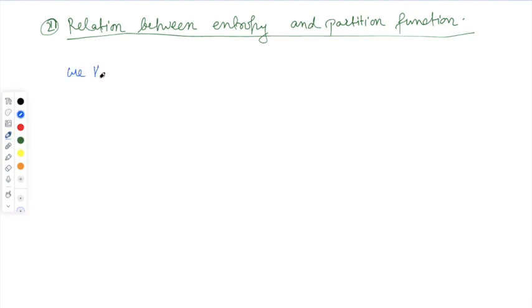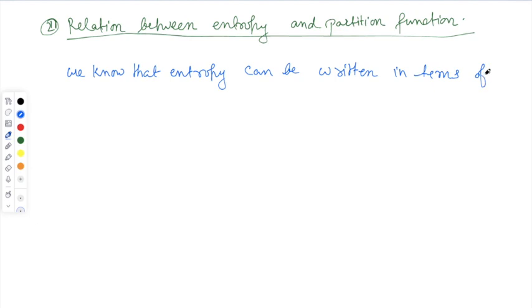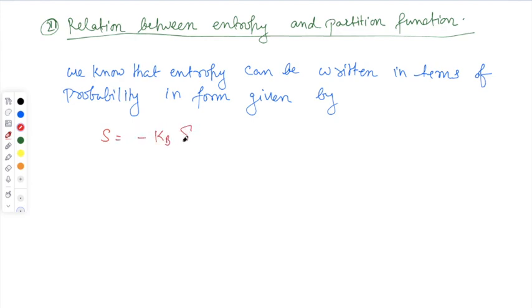We know that entropy can be written in terms of probability in the form S equals minus kB summation over i of Pi times ln Pi.